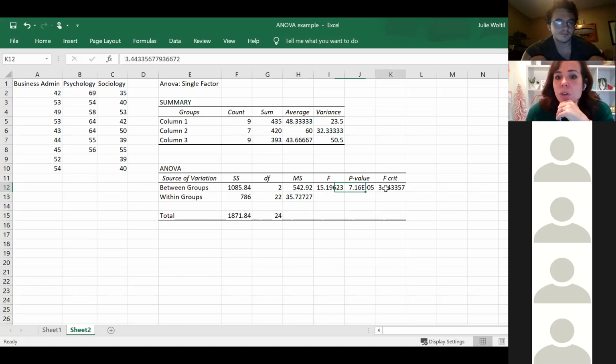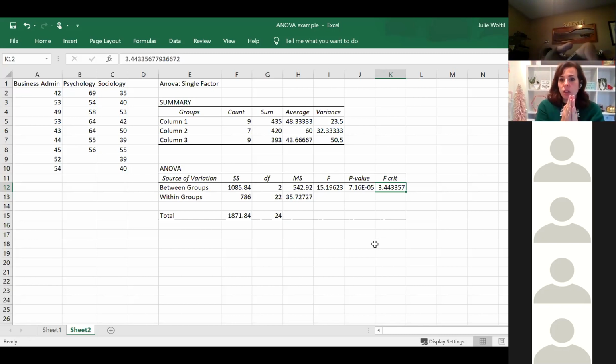Now this already gives you your F critical. So your F critical is 3.44. Picture again, you know, your normal curve, 3.44, and our F ratio is 15.20. So is it significant? Yes. Yes, very, very much so, okay?